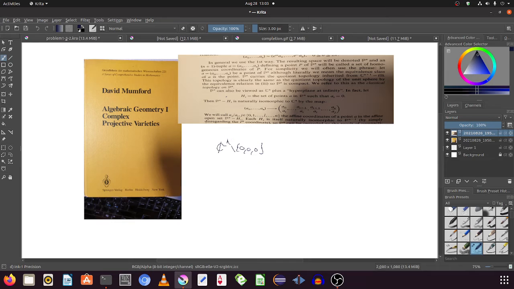Let's just do it in general: C^(n+1) projected to the projective space P^n, and it has the subsets H1 up to H(n+1).